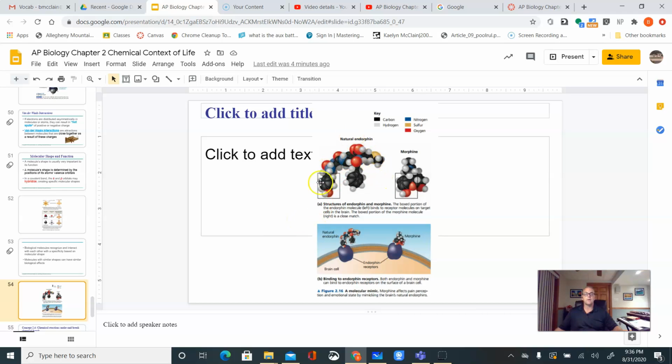This molecule right here, which is naturally produced, will match up with these endorphin receptors on the surface of the brain cells. Morphine, which overall doesn't look the same, but the point in that molecule that fits into the receptor is very, very similar.